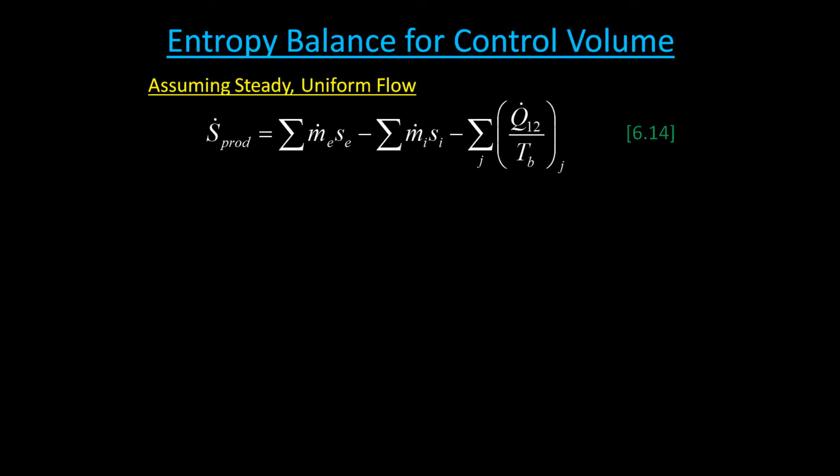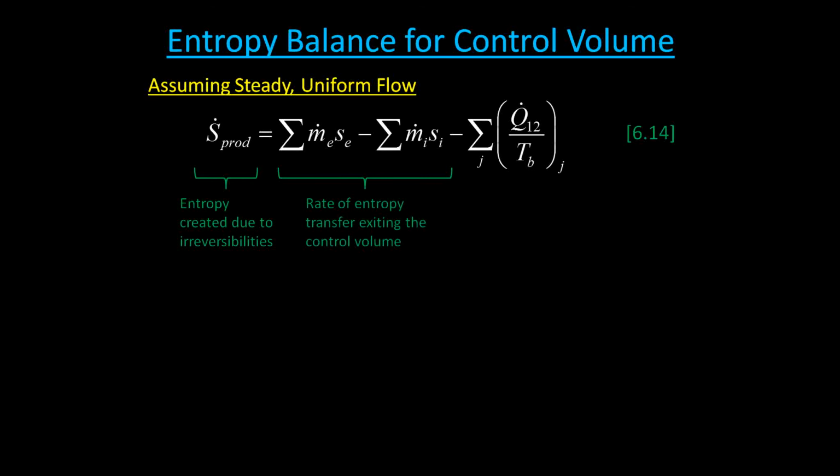This is equation 6.14. The part on the left, the entropy production rate, is the entropy created due to irreversibilities. The second term is the rate of entropy exiting the control volume with the mass flow rate. And finally, the third term is the rate of entropy changing with heat transfer.